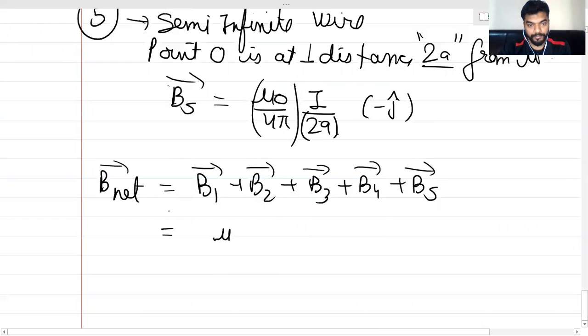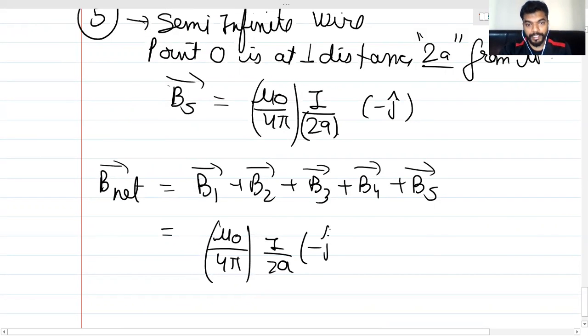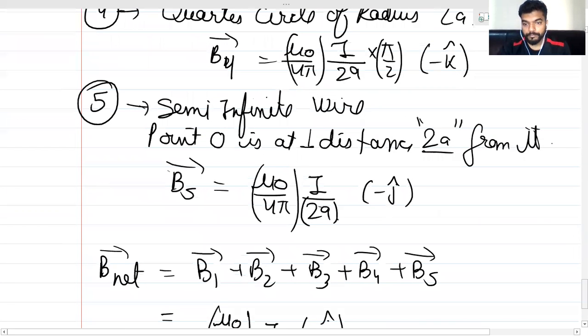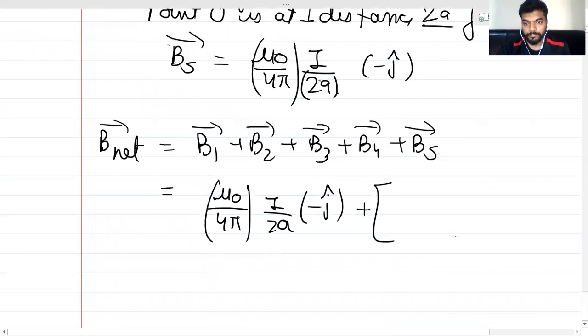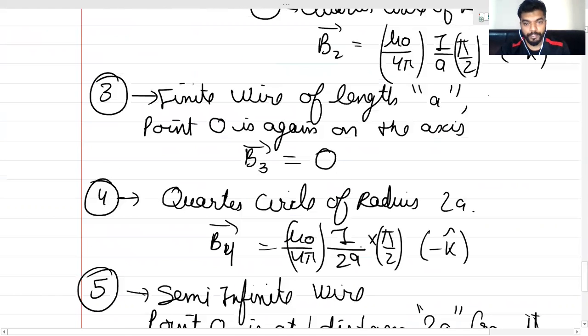The final answer will be mu naught by 4 pi into I by 2a minus j cap plus, can you see this was minus k cap and this was also minus k cap.